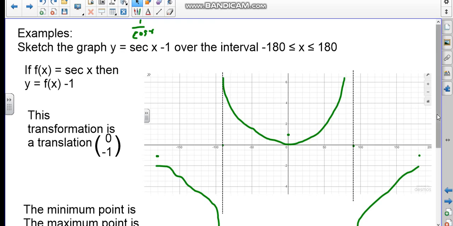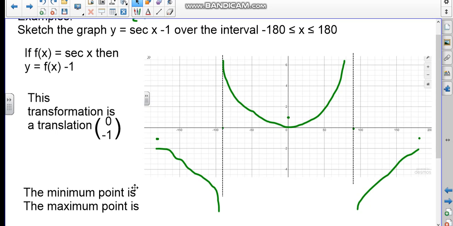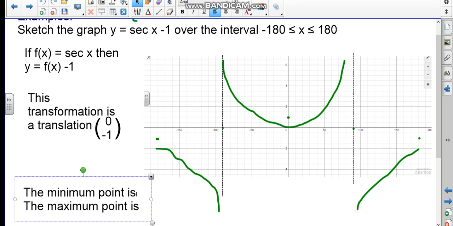So let's think about the minimum point. So the minimum point is now (0, 0). And the maximum point is now -2. So the coordinate is (-180, -2), or (180, -2).